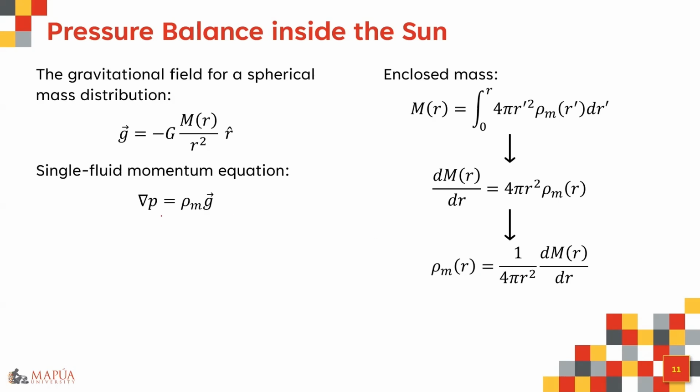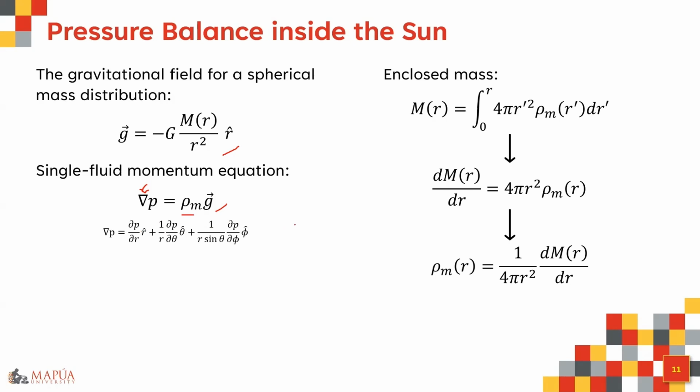So substituting it here, it's a single fluid equation, and substituting this here, we can notice that m is actually a function of r. So this gradient operation in spherical coordinate system would look something like this, diba?